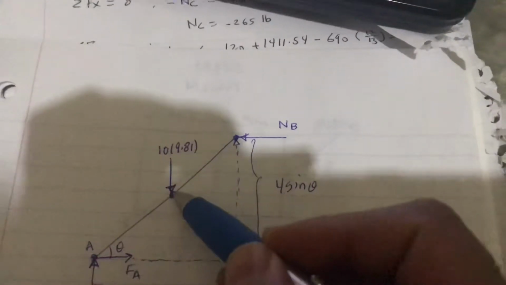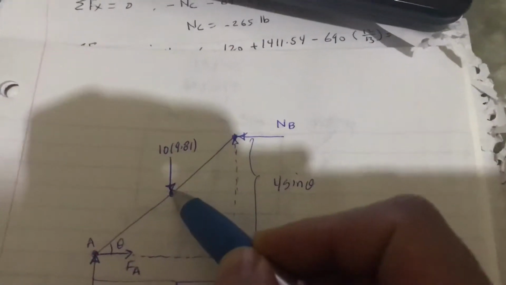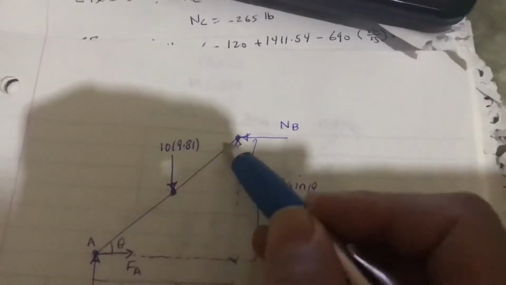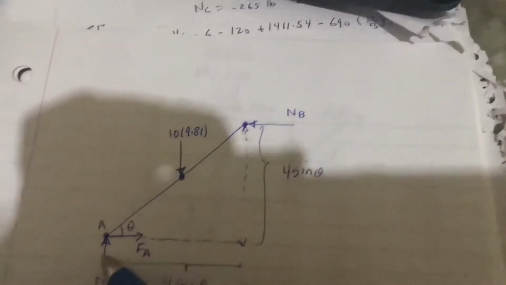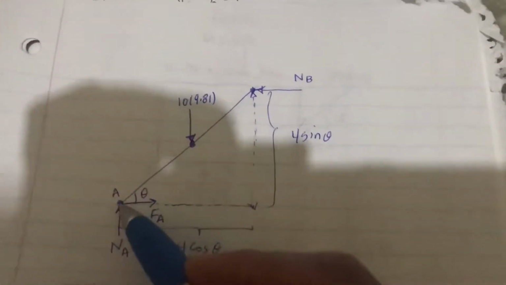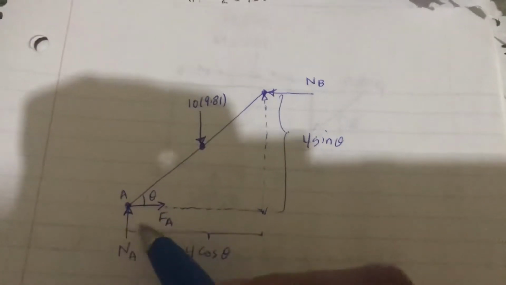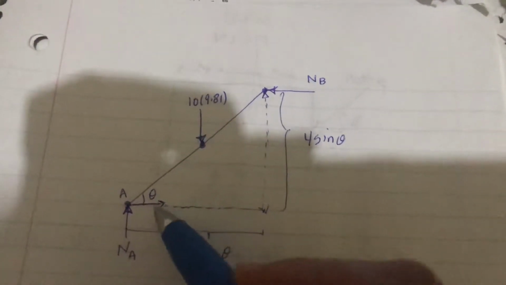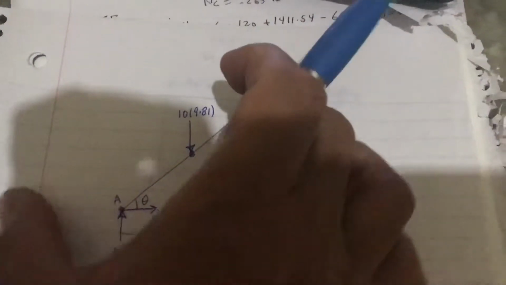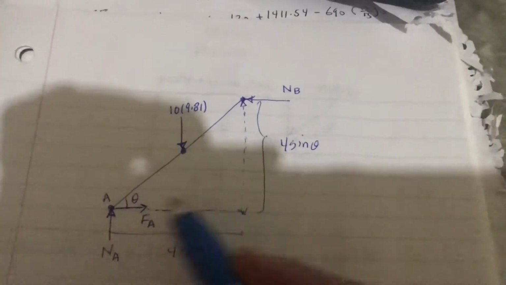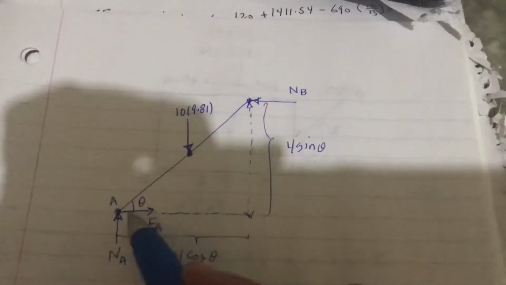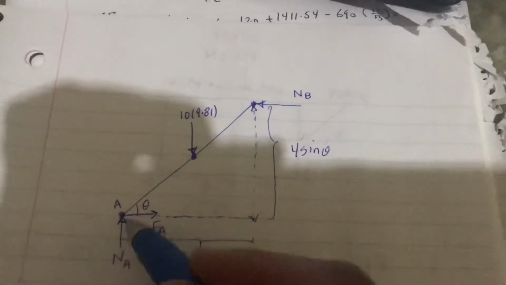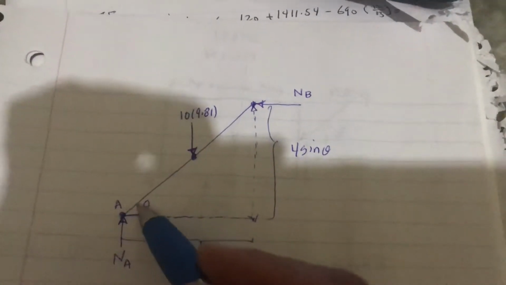So I'm going to put it in the center of the ladder, 2 meter from here and 2 meter from here. This is the angle, and remember at A there is friction, so there is friction force Fa, because if this ladder is going to go that way, the friction is going to be the opposite, to the right, and there's a normal force Na. This is the angle theta.